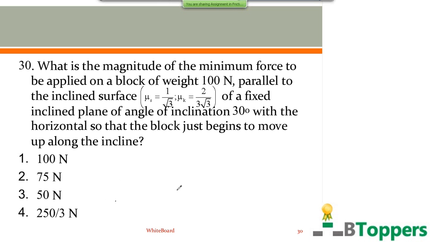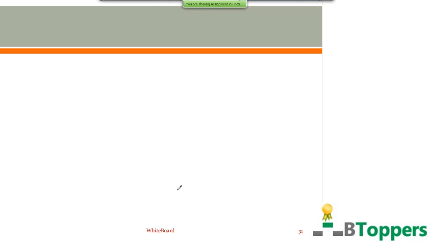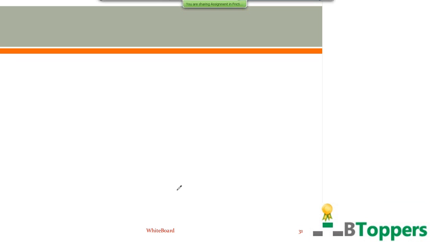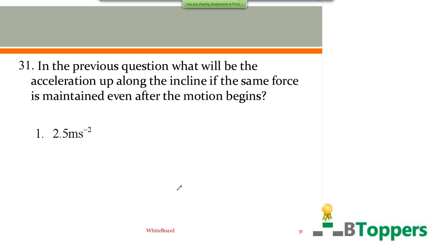The next question, number 31, is also based on the same discussion done for 30. In the previous question, what will be the acceleration up along the incline if the same force is maintained even after motion begins? This problem also comes from the same special case which I have discussed.